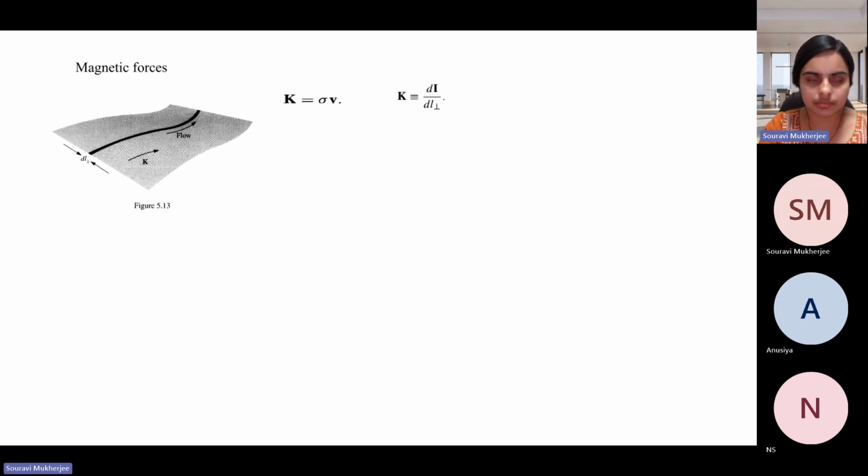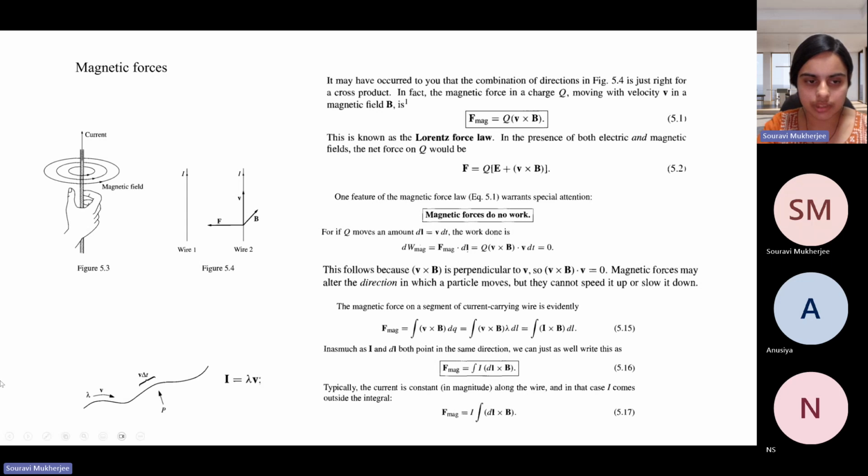So lambda is the charge per unit length, moving with velocity v. The charge that flows per unit time is given as lambda v into dt, and so the current is lambda into v.